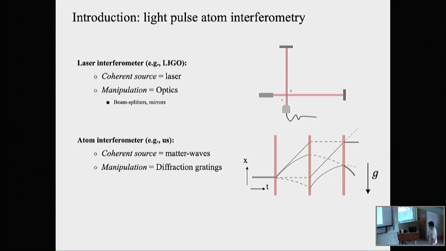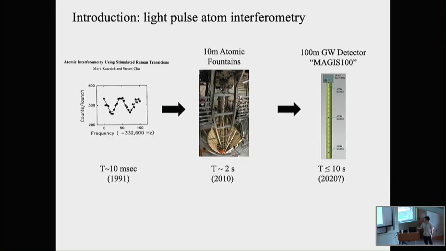I'd like to start with two fun projects that happened recently in our group. The first one, I think Igor has talked about. It's the atom interferometer in an optical cavity. Since 1991, people started building atom interferometers, and they are trying to make taller and taller ones, because then the atoms have a longer freefall time and can interact with gravity for longer. When first built, the freefall time was only 10 milliseconds.